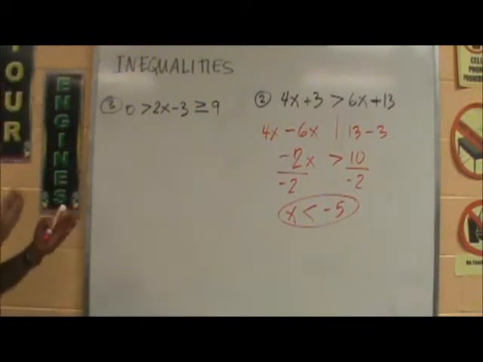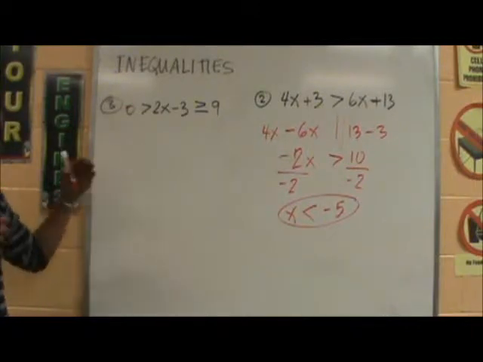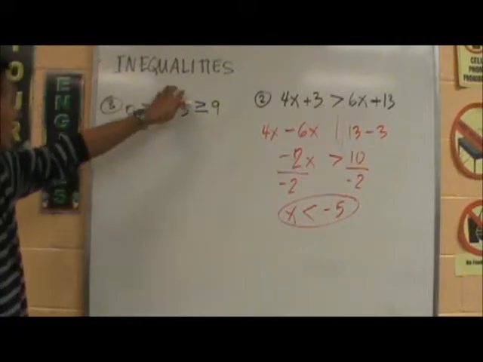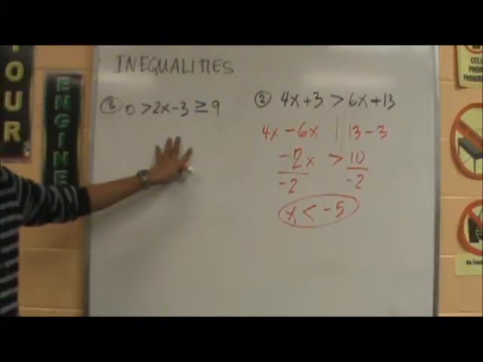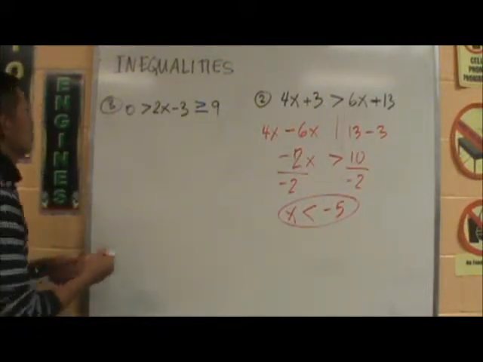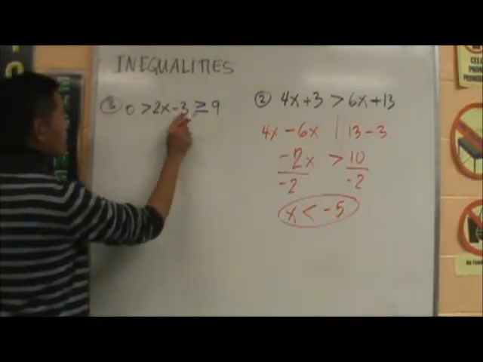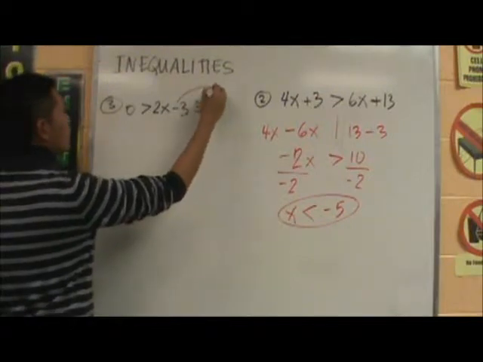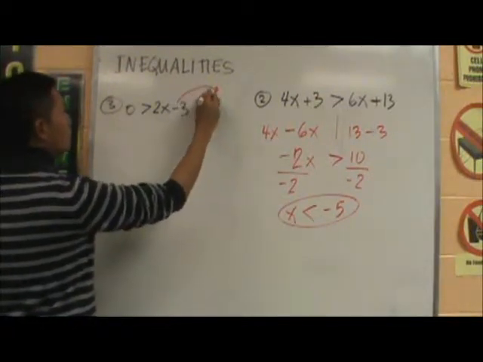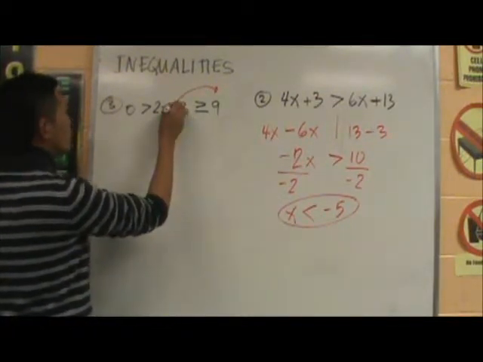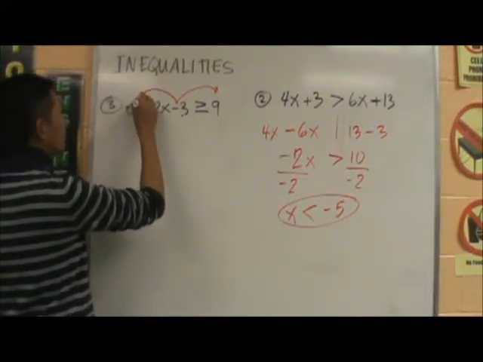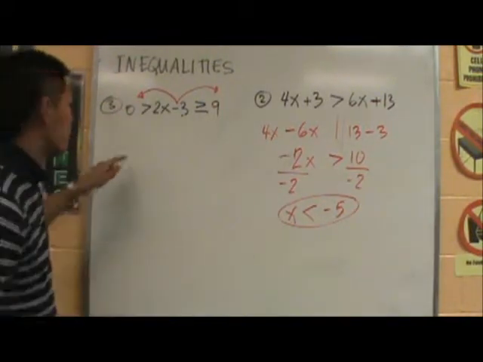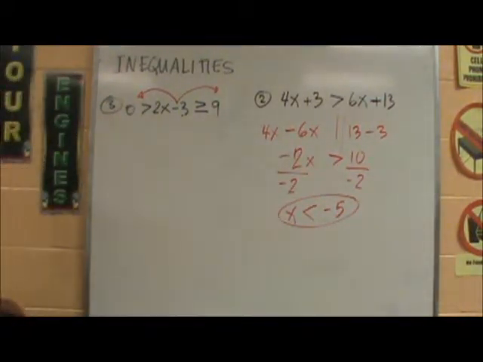What I like about this problem is, again, we still apply the same concept, but in the middle part, we just have to have x alone. We have 2x minus 3 in the middle. I need to get rid of that minus 3, so whatever you do to the right, you also have to do to the left side, to both sides of the inequality.